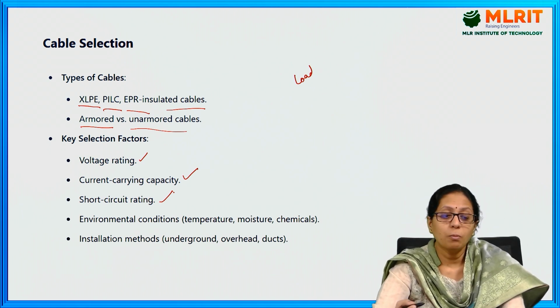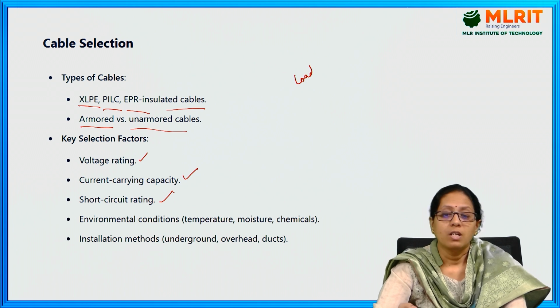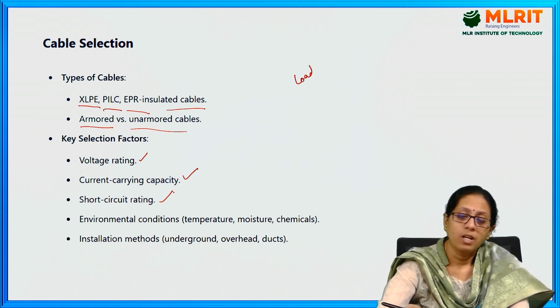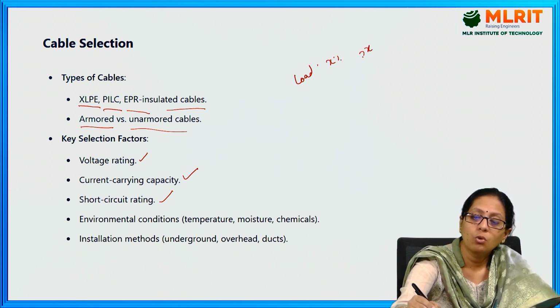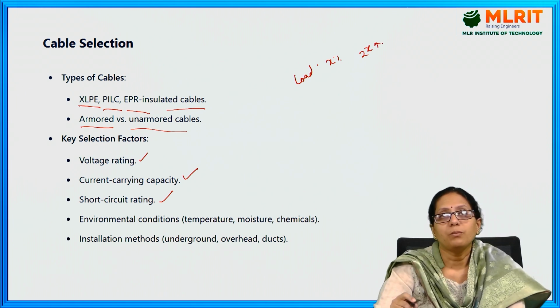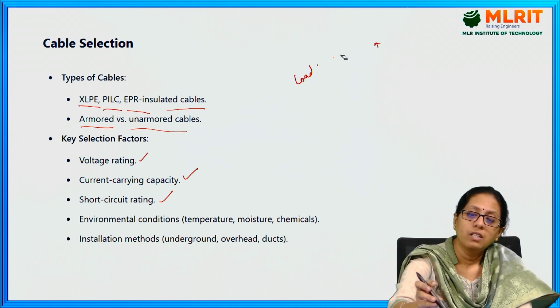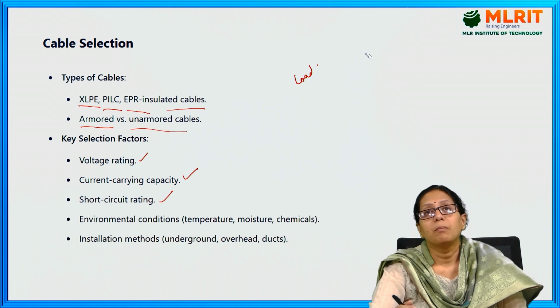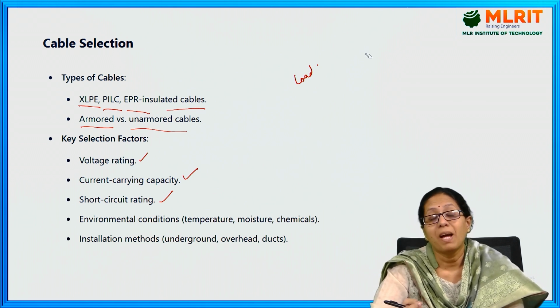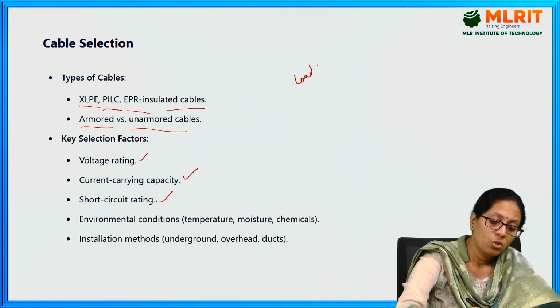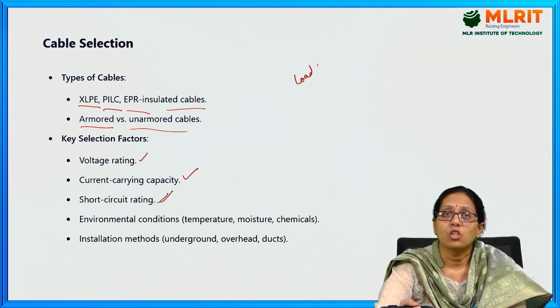So in order to bear that, we need to connect cables above the capacity of the load. That means if the capacity of the load is x, the cable should be almost 2x. So the capacity of the cable should be more than the maximum rating of the load. So the third one is short circuit rating.